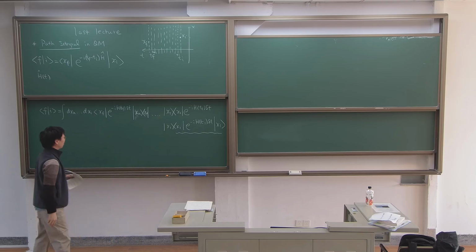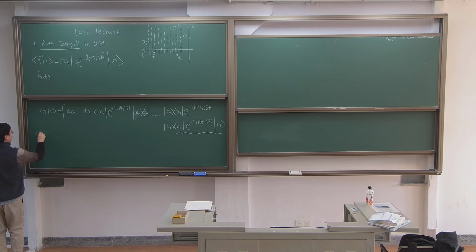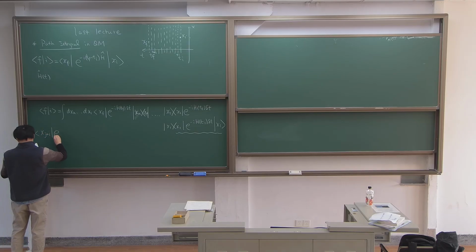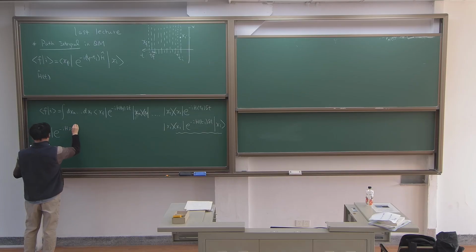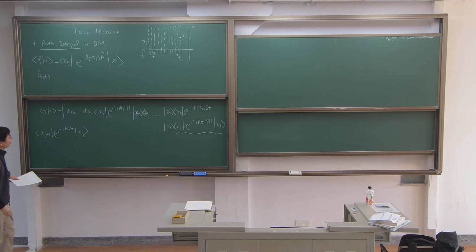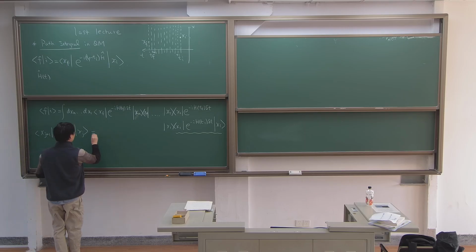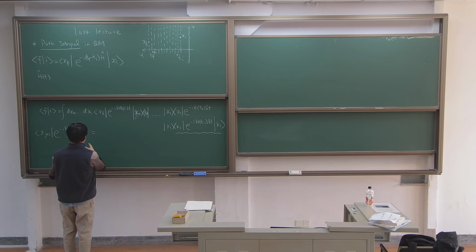So in general, the block is xj plus 1, in the middle e to the minus i H delta t, xj. When we compute this block, this is nothing but how to compute this one.